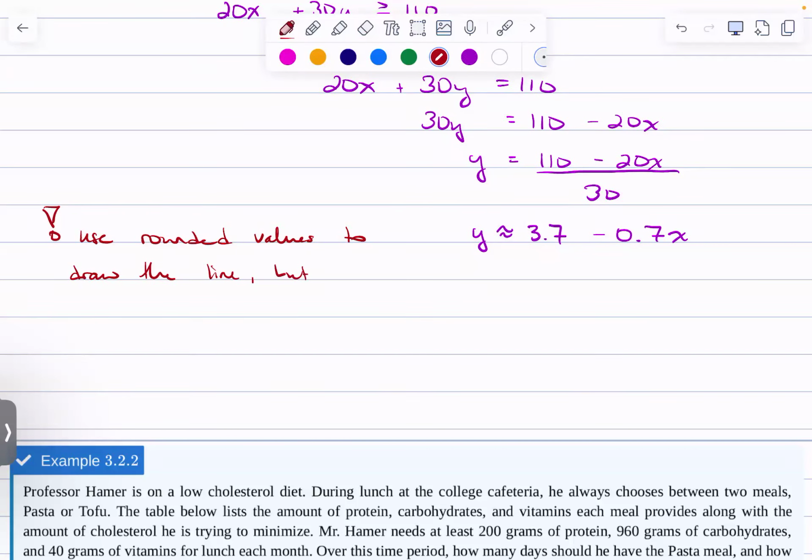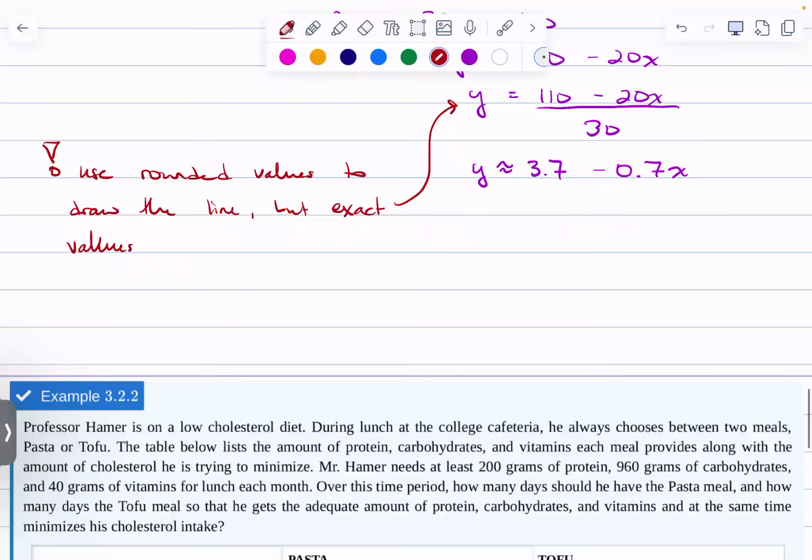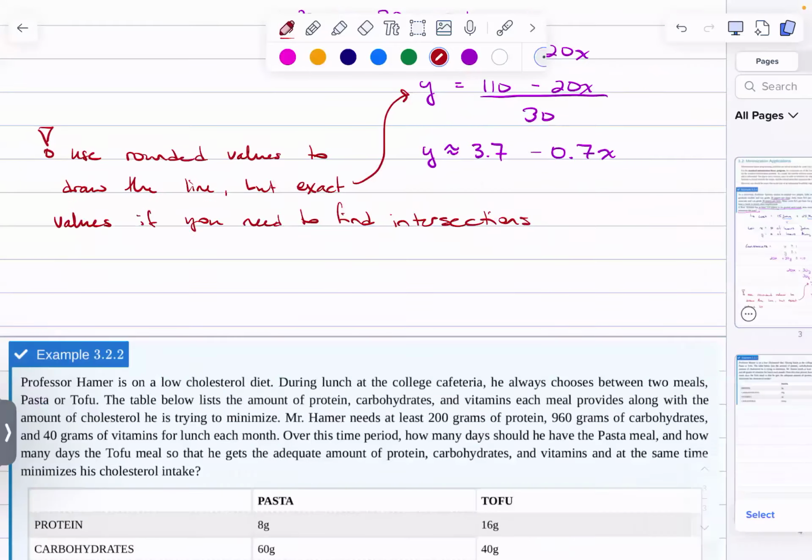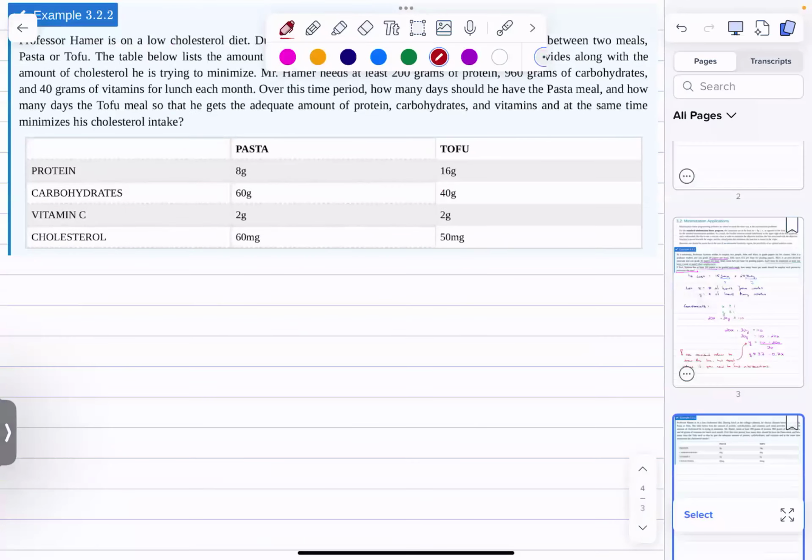But use exact values, those exact fractions, if you need to find intersections. Add a page.